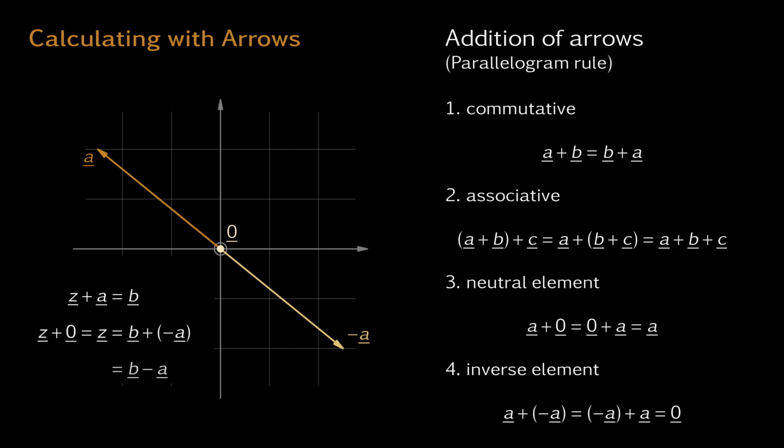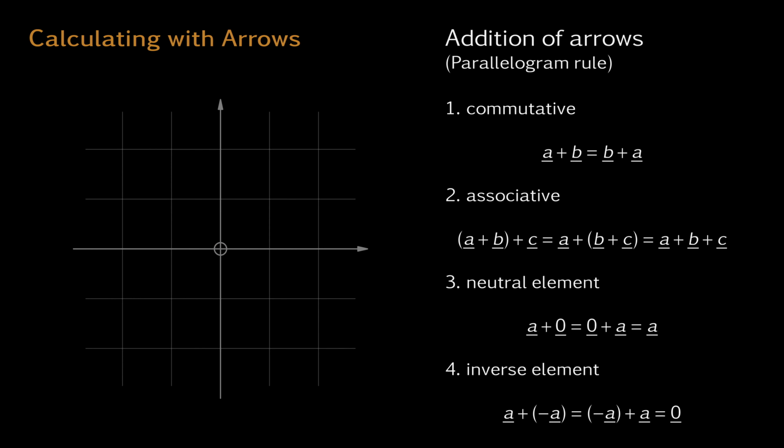The latter can be simplified to B minus A, which is called subtraction. In summary, our geometric operation with the parallelogram rule obeys the same rules as the addition of numbers. In fact, the parallelogram rule for combining arrows yields a meaningful addition in any number of dimensions, even infinitely many.